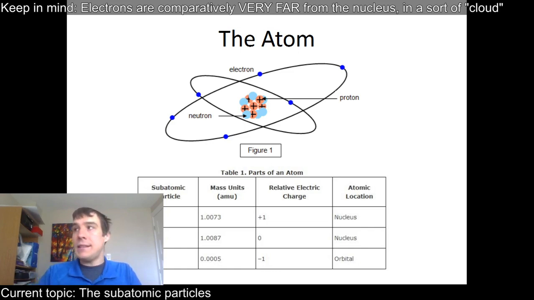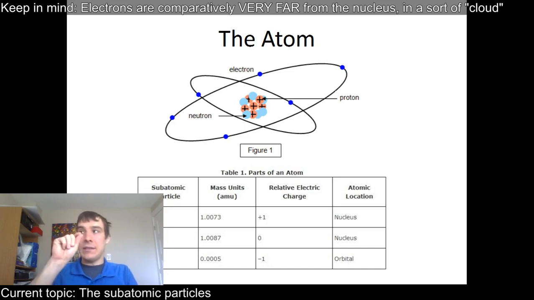Probably the easiest example to think about just how far away the electrons are from the nucleus, and how much empty space is in the atom, is I took a gold nucleus as an example, and I did some math. I worked out that the electron is approximately 9,000 nucleuses away from the nucleus.